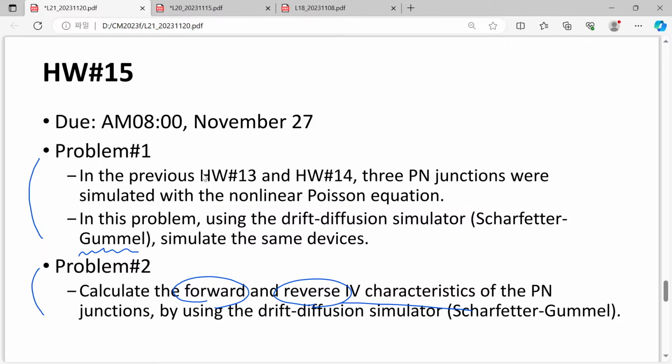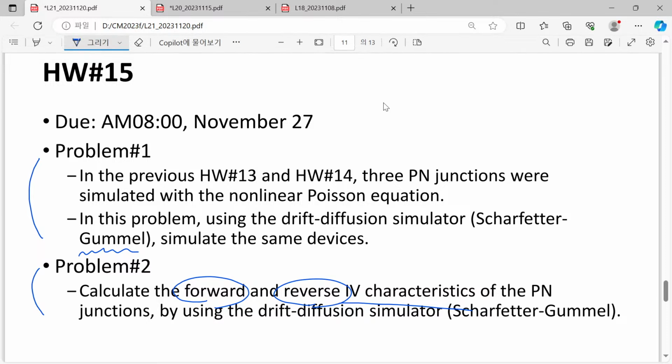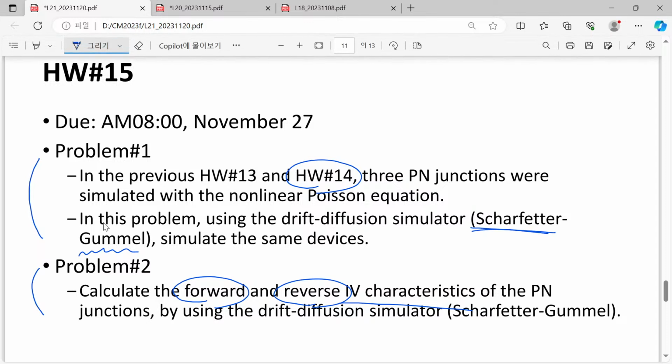So I give you 1 week, and you also already have sufficient time from our previous homework number 14. So please catch up with our lecture progress and successfully implement the Scharfetter-Gummel scheme.